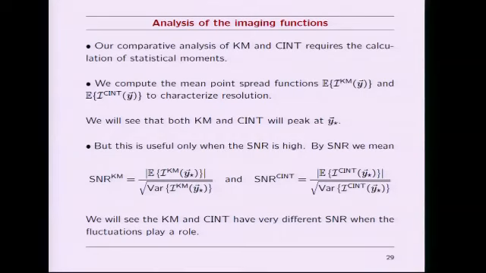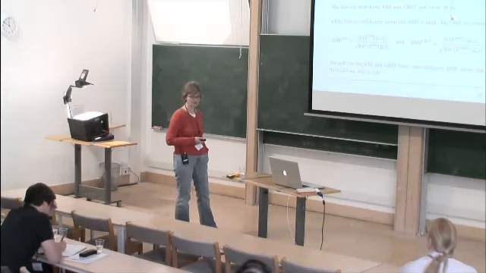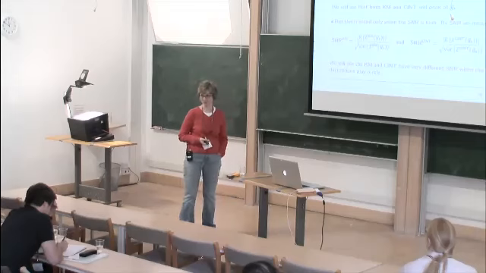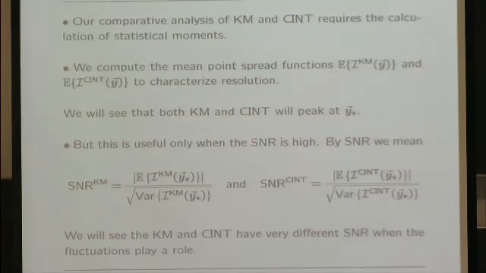But then, of course, since these are random processes, in order for this to be useful in imaging, we also want to make sure that all the realizations of these functions that we actually observe are close to the mean. What that means is that the variance has to be small. The way to quantify that is we can compute the signal-to-noise ratio, which is defined here.